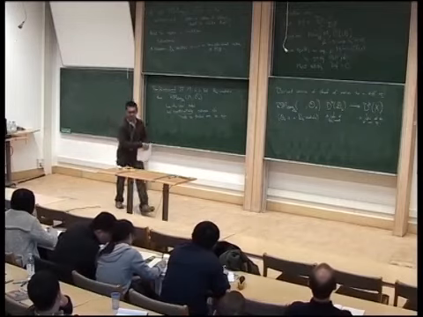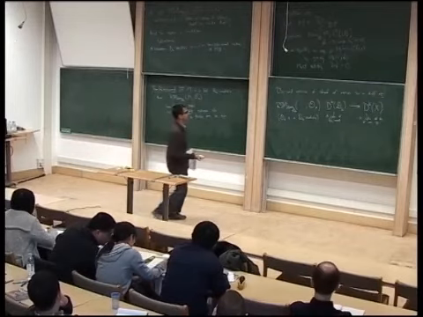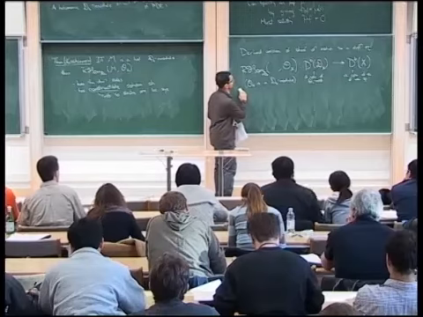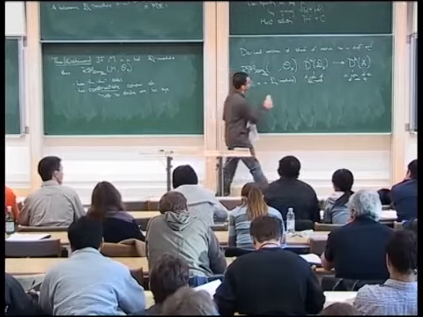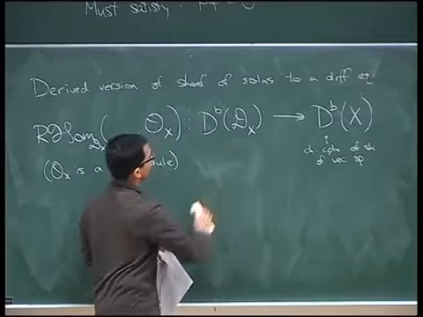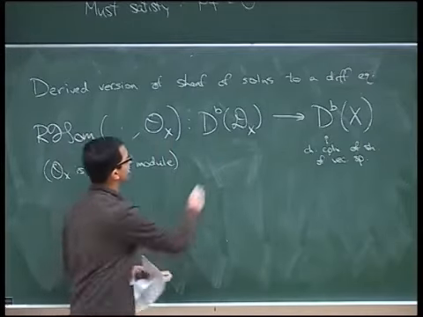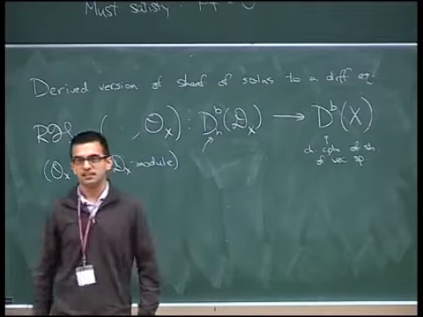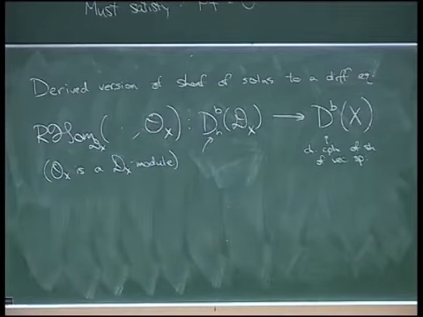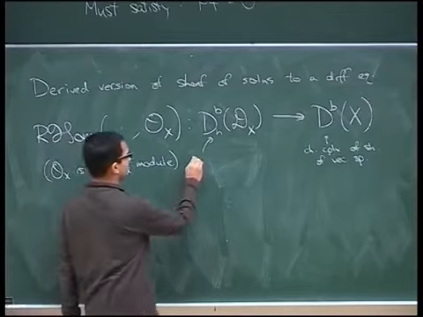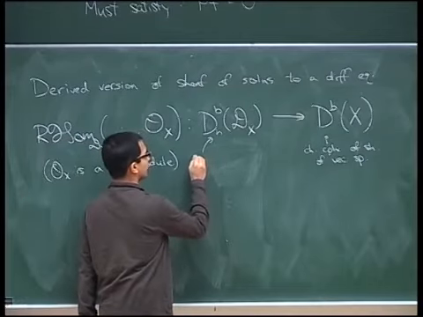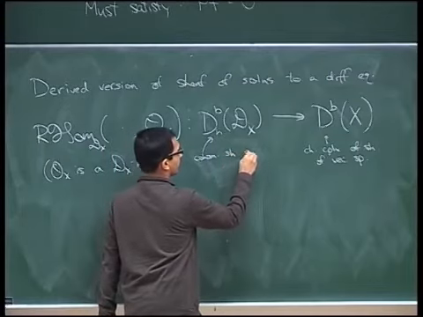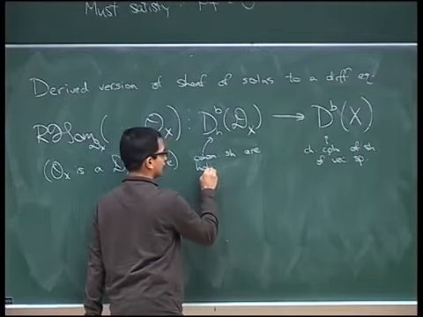Okay, so in other words, let me modify this statement of what functor we're looking at right here. I'm going to add a little subscript h to this, which is going to mean that we're looking now not at the full bounded derived category of D_X modules, but the subcategory where the cohomology sheaves are holonomic D modules.